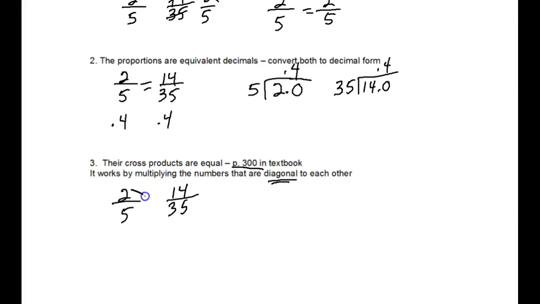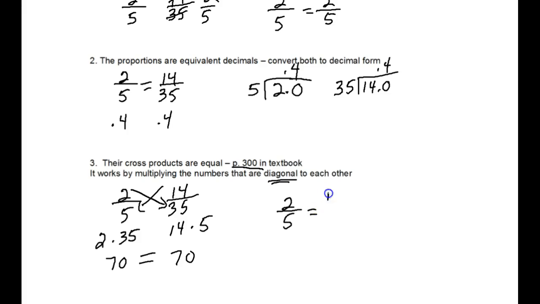So if I take 2 times 35, 2 times 35 is 70. The other diagonal is 14 times 5. 14 times 5 is also 70. Since the cross products are equal, the two fractions are equivalent. That makes them into a proportion.